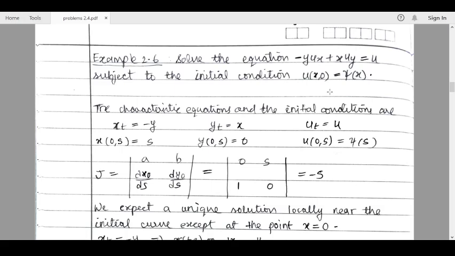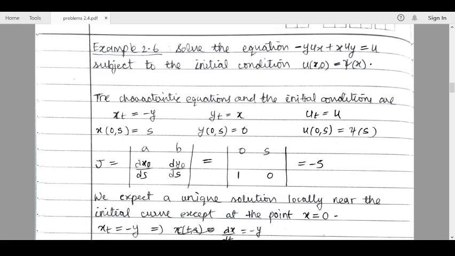Now as we did in the last problem, we will write the characteristic equation and the initial condition. So now we see here variables are coming. Till now we have seen the problems in which the coefficients were constants, in majority of the problems. Now here we see variables y, x.